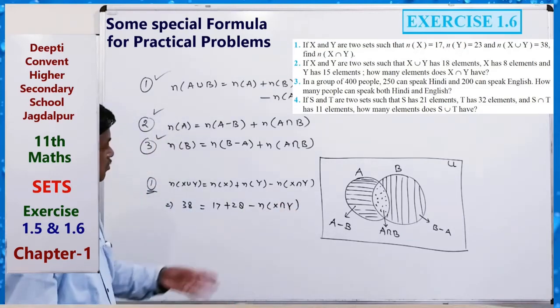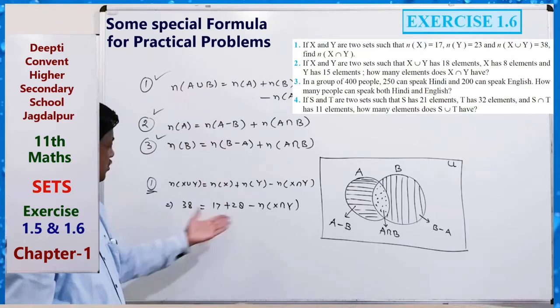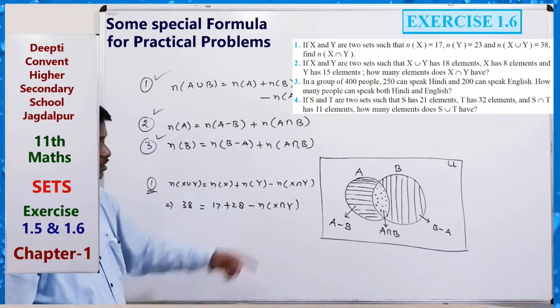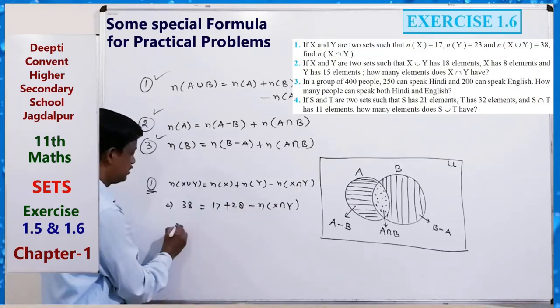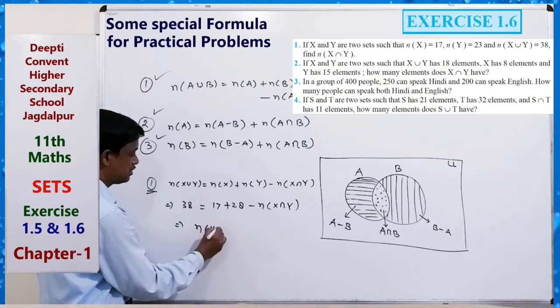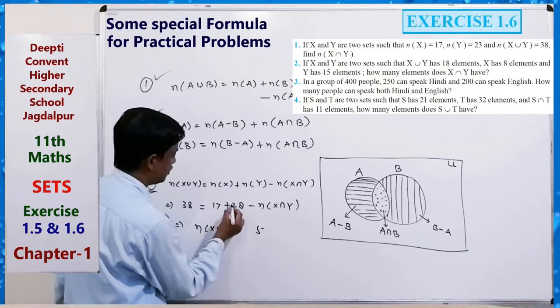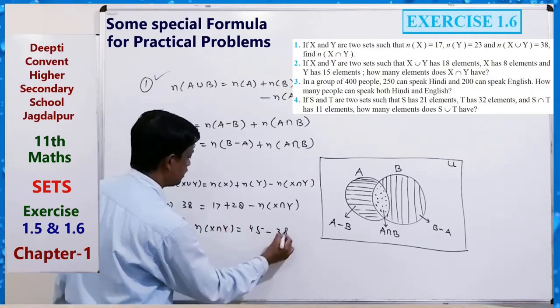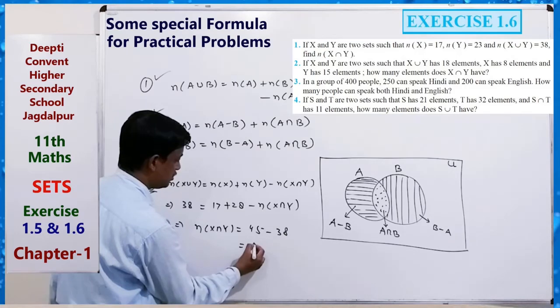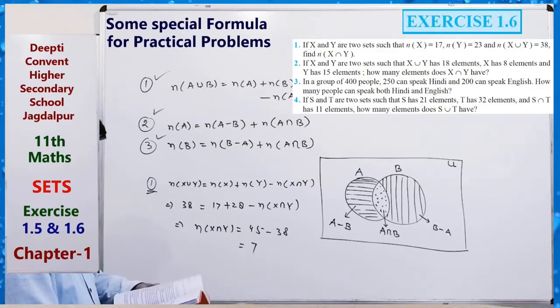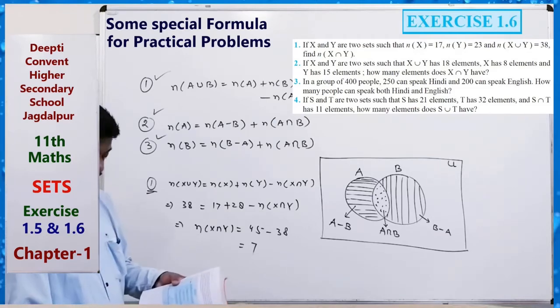Transfer to the left hand side: n(X intersection Y) equals 17 plus 23, that is 40, minus 38, which is 2. So n(X intersection Y) is 2.